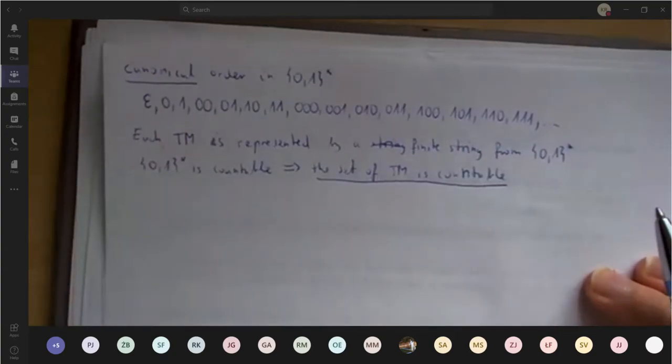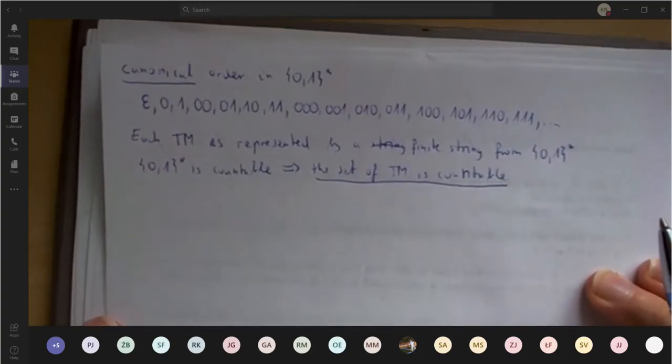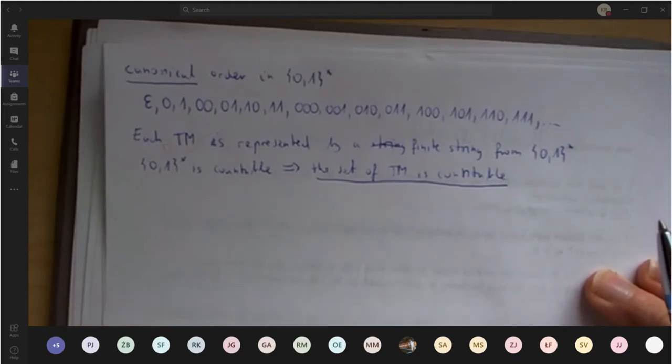So there are only countably many Turing machines. This is a very important observation.